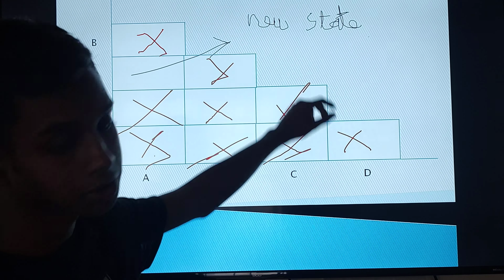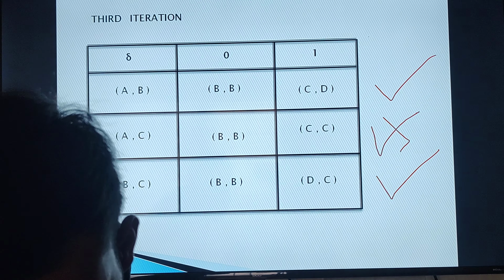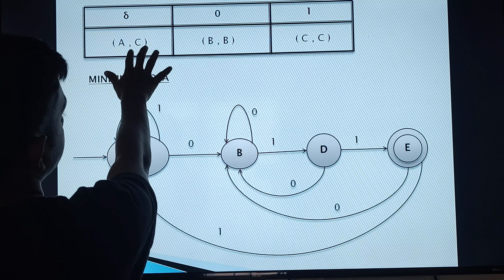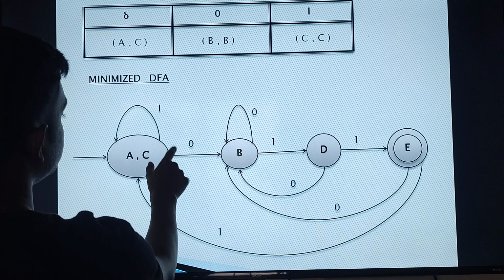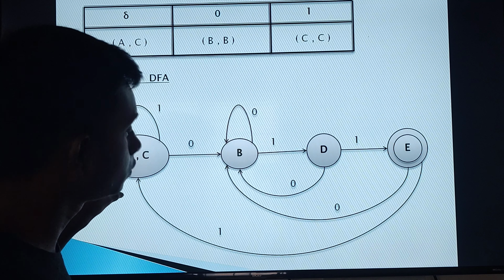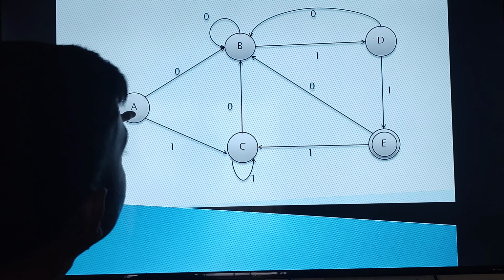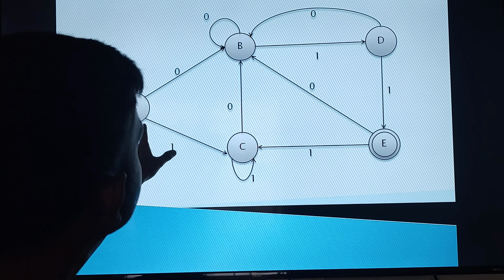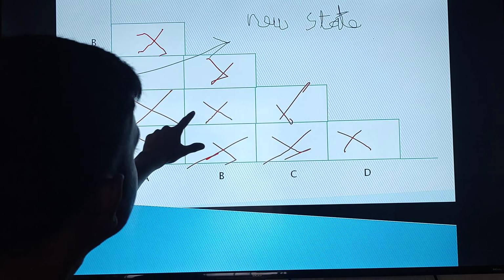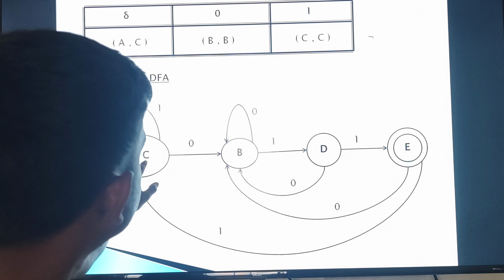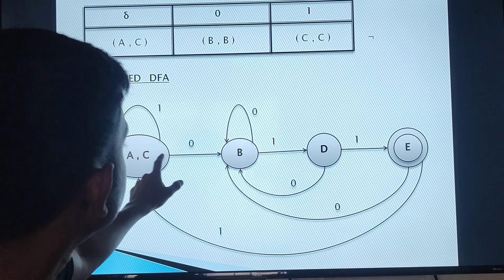So this will be our new state, and the final DFA will be: since we are left with A comma C, this will be our new state, and we will look back into the first diagram. On 0 it is going to, and C on 0 it is going to itself.